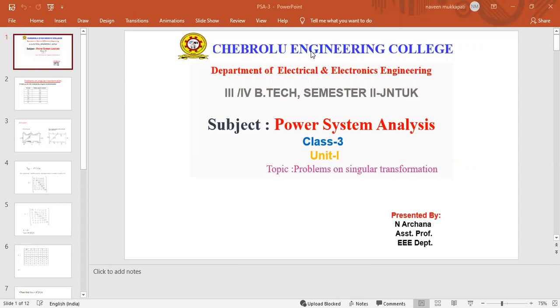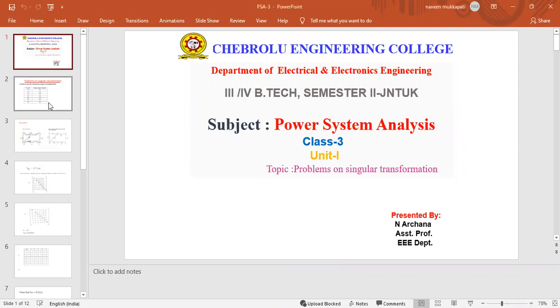We already derived the various derivations for the singular transformation, that is the primitive bus impedance matrix or the admittance matrix, or loop admittance matrix or the loop impedance matrices. By using that primitive admittances, bus impedances and loop admittance matrix, we find out the Y bus matrix.